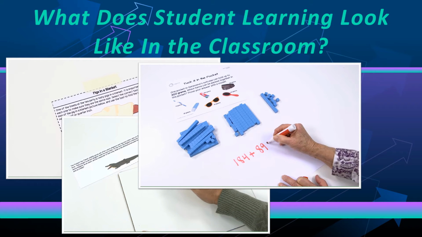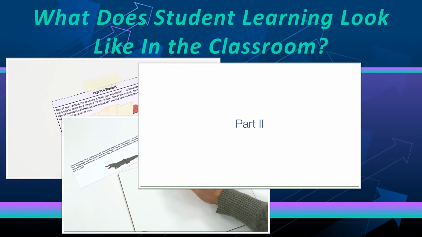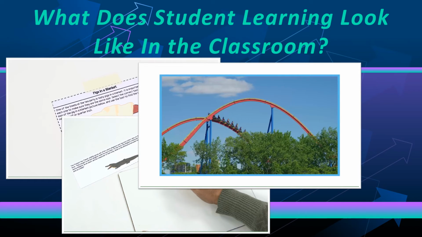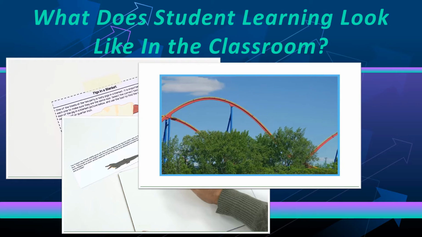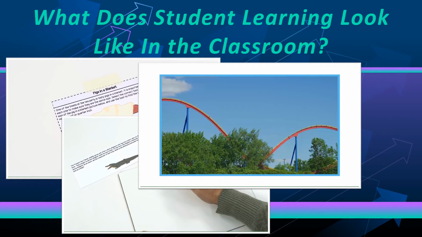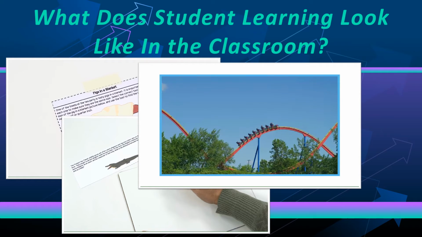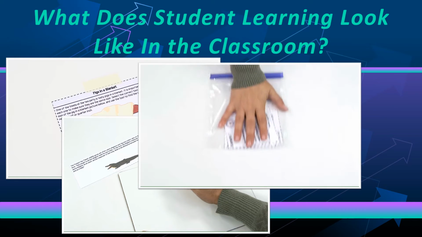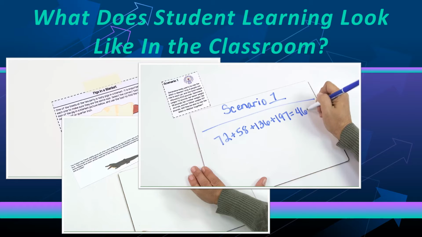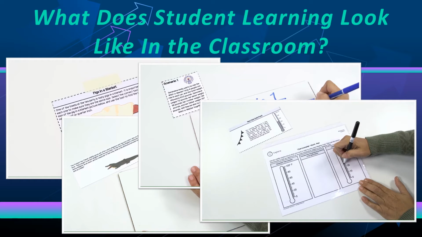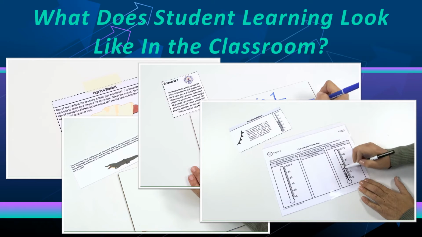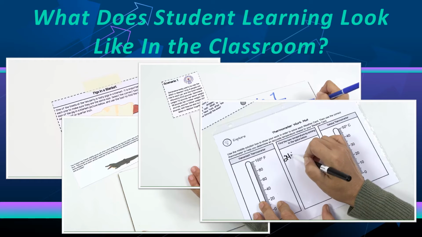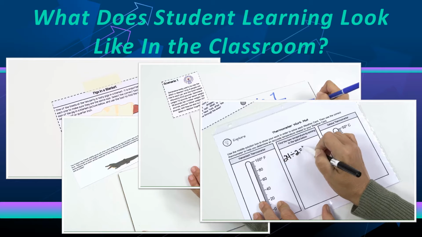The third Explore is about mass and weight, again, problem solving using the 4 operations. So you'll see students have real life connections, like this video shows the roller coaster. They'll be given scenario cards and students will have to determine what operation to use, and it will be focused on mass and weight. In the fourth Explore, students will be focusing on measuring temperature or be given temperatures and have to problem solve using those temperature measurements.